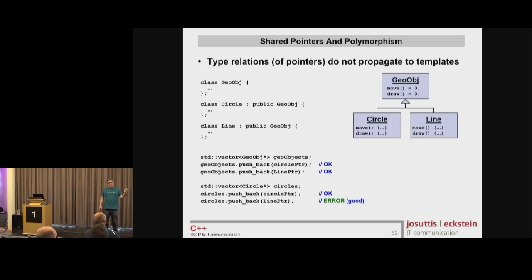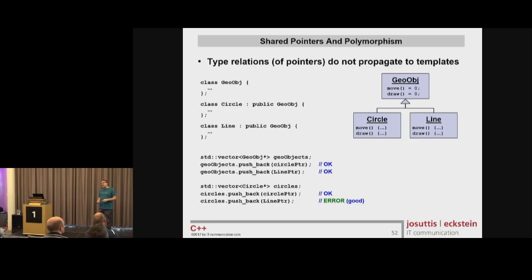is-a relationships, inheritance relationships, don't propagate to collections of the types. So if you have a base class like geometric object, and you can say a circle is a geometric object, it does not mean that the collection of circles is a collection of geometric objects.